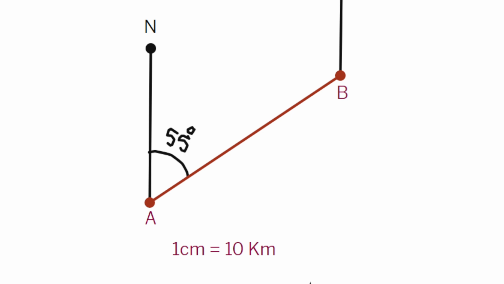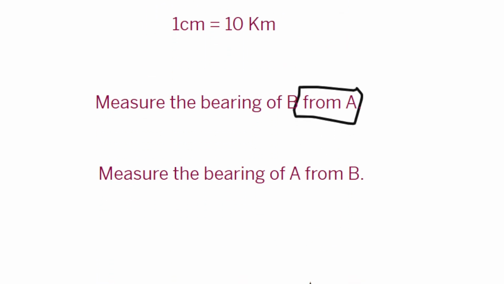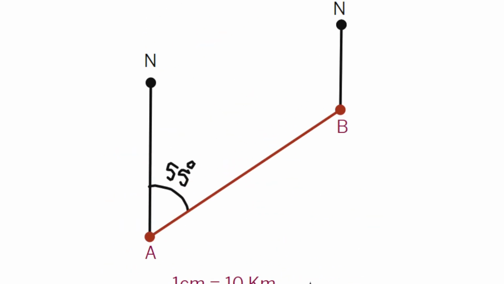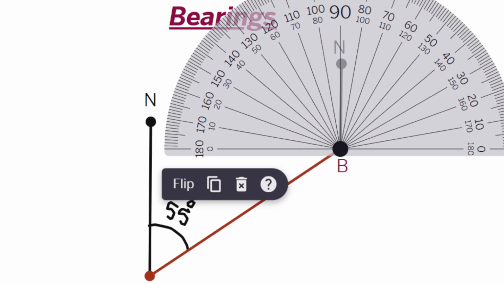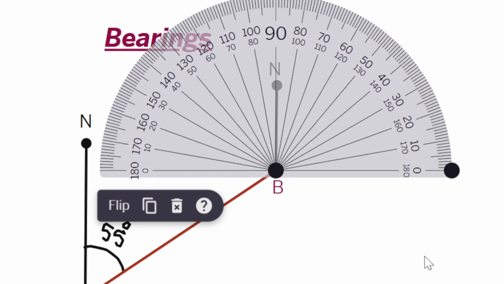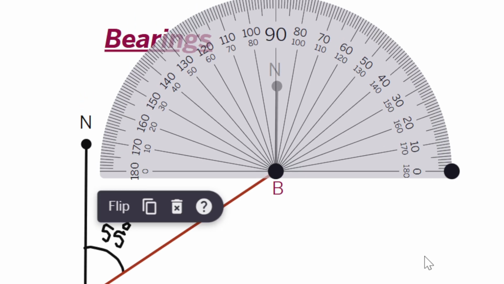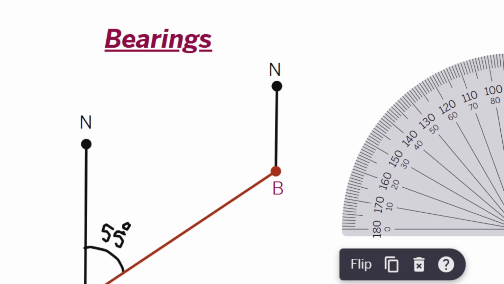That's very good. Now the second part says measure the bearing of A from B. From B is what's important. So we know now we need to bring the protractor and put it on B, right? So put it here, and then we need to measure which angle. That's the question.